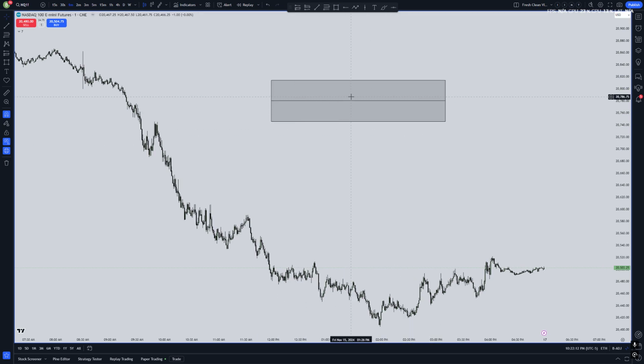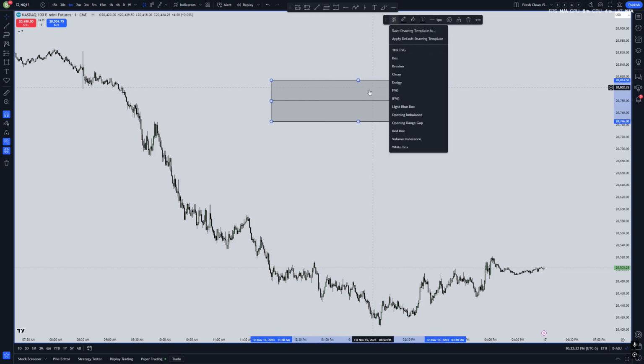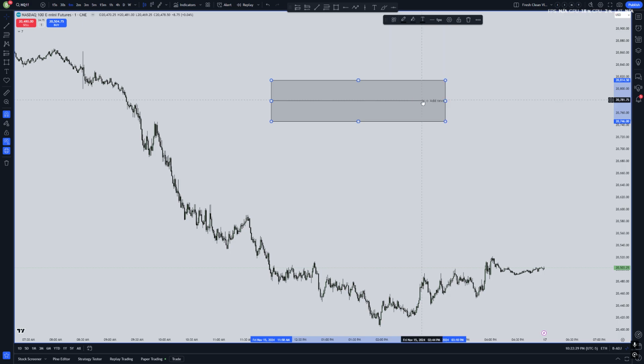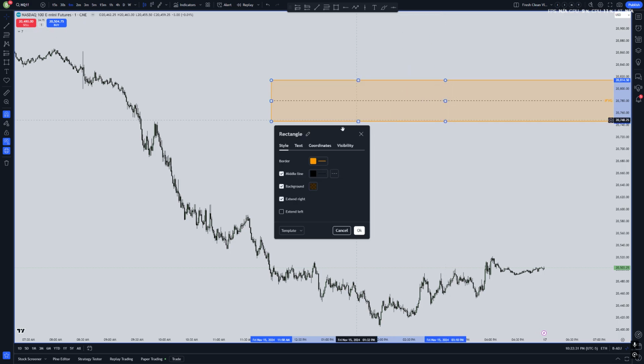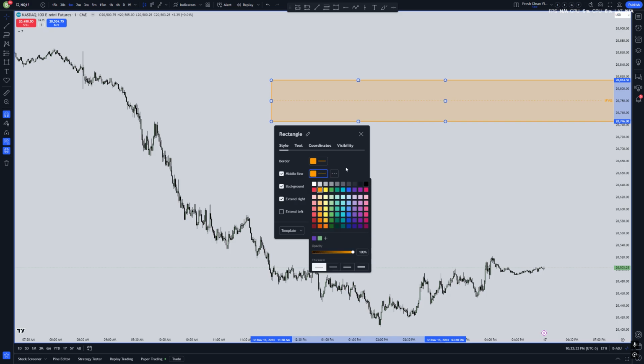Classic rectangle, we'll use these for our boxes. Let's keep it consistent too. Normal fair value gaps that we're looking at, I always just keep them basic gray. IFVGs, ICT style. I actually need to fix this because this is just kind of pissing me off.